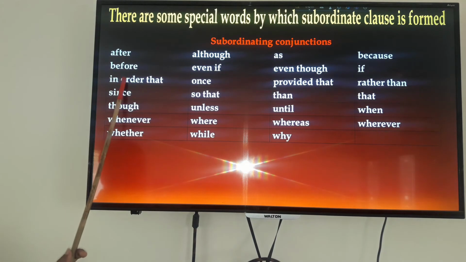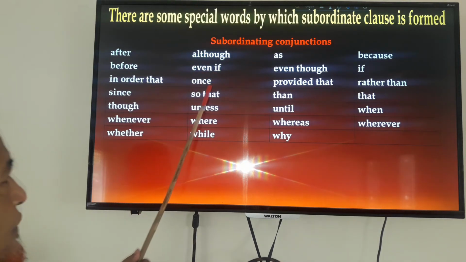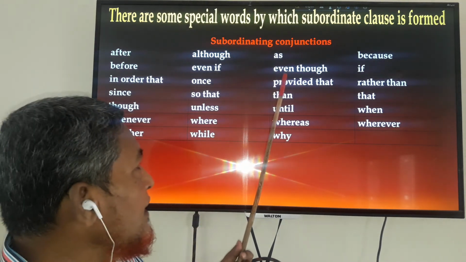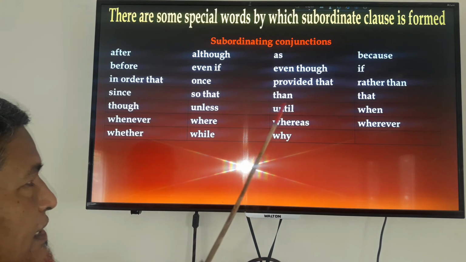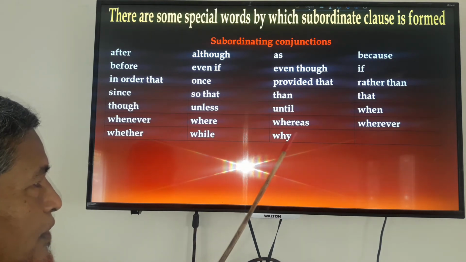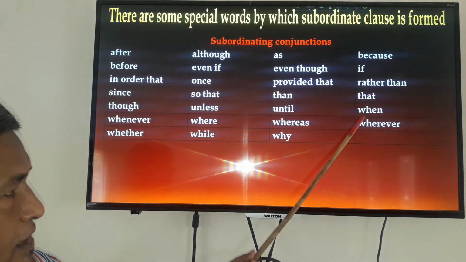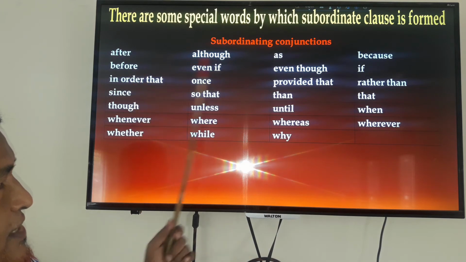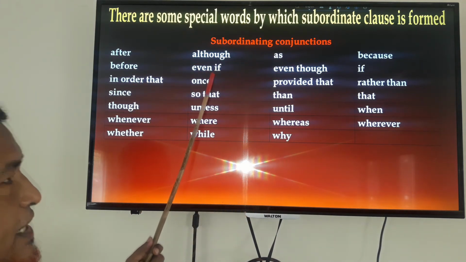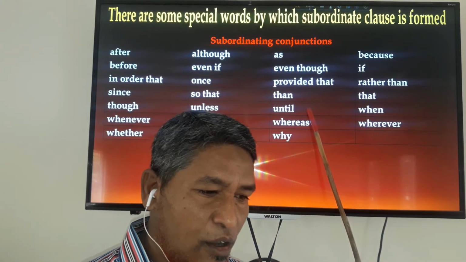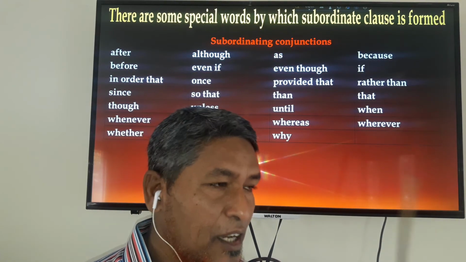First of all, after, before, in order that, since, though, whenever, whether, although, even if, once, so that, unless, where, while, as, even though, provided that, then, until, whereas, why, because, if, rather than, that, when, whether. These are the subordinating conjunctions. Without the conjunction, you cannot form a subordinate clause and also a complex sentence.